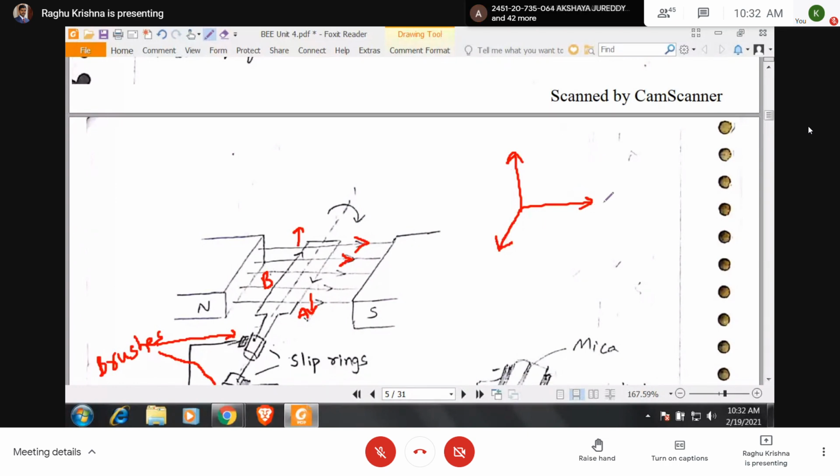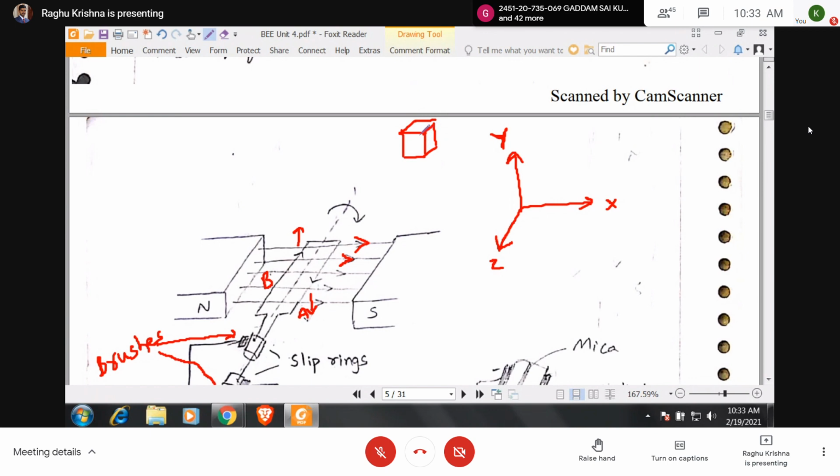If you take this as x-axis, y-axis, and this will be the z-axis. You know x and y. Z-axis, yeah. If you take a cube, like this.